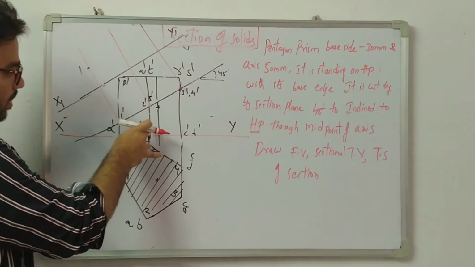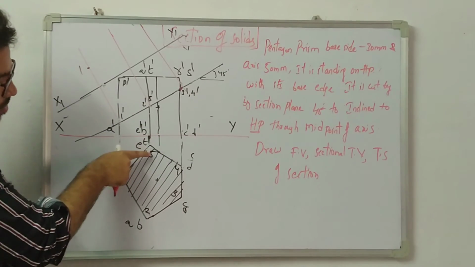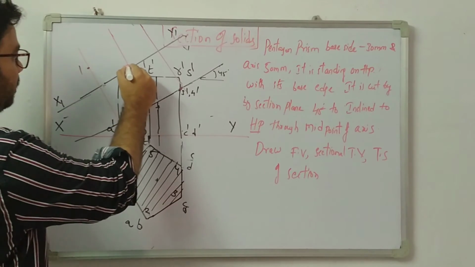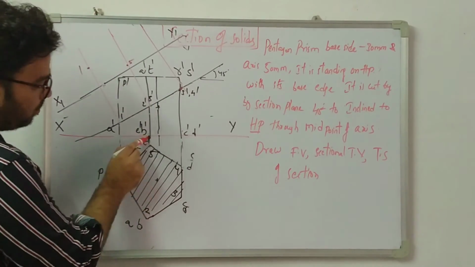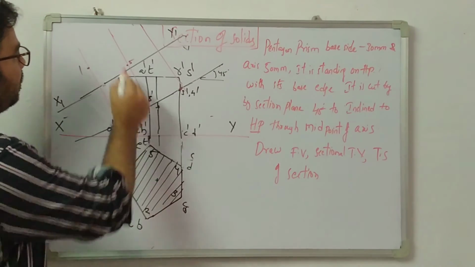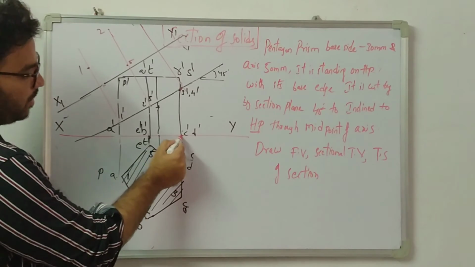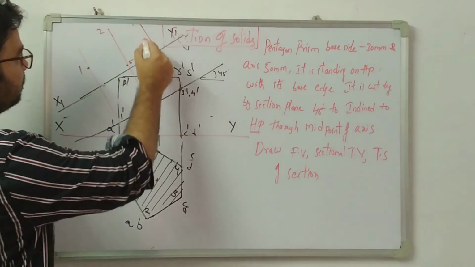Similarly, measure here to here, this distance, old reference line to the 5th cutting point, you get somewhere here 5. Next, similarly here to here, point 2, measure, you will get somewhere here 2. Similarly, from here to here, measure the 4th cutting point, you will get somewhere here.